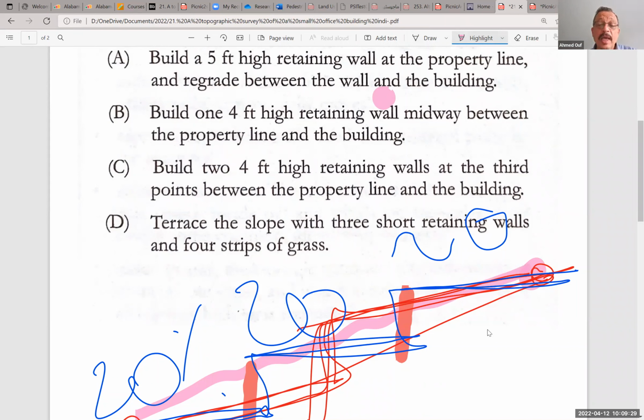How can we change this into 2 or 3 strips of slopes that we can have cut grass on?